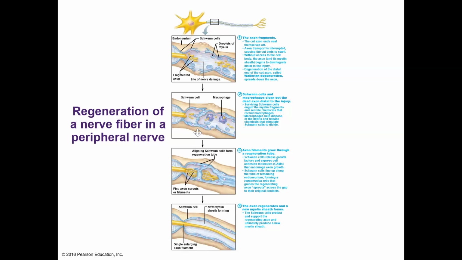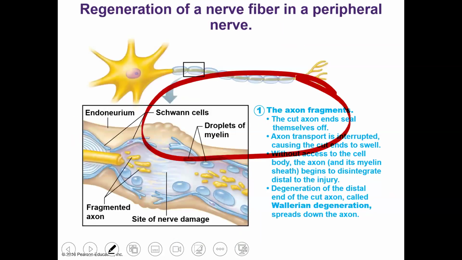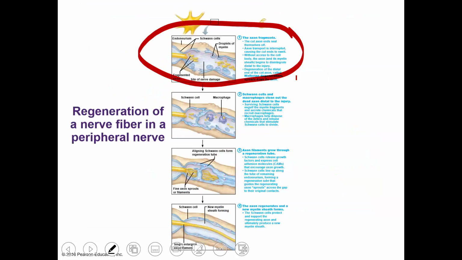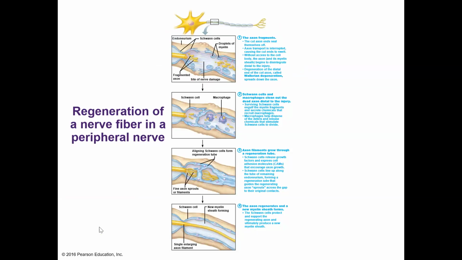This one is going to look just like that other one, where we see the big picture here. We'll go through this slide by slide. This is going to explain the regeneration of a nerve fiber in a peripheral nerve. So there's nerve damage, and how are we going to repair the nerve in the periphery?